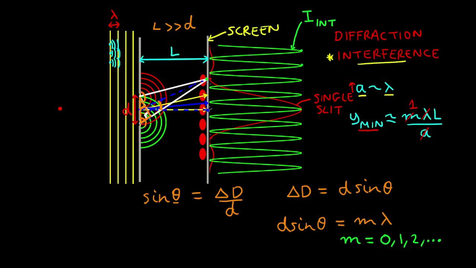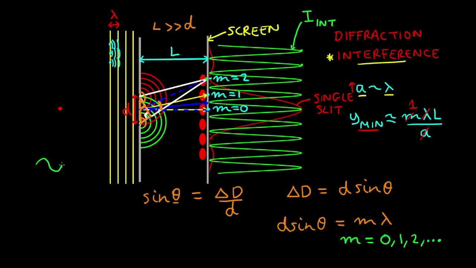The index m equals 0 indicates that the path length difference between the wavefronts is 0, for m equals 1 the path length difference is lambda, for m equals 2 the path length difference is 2 lambda, and so on.